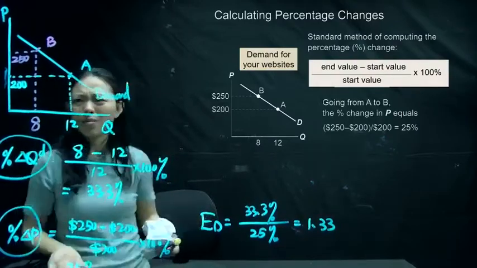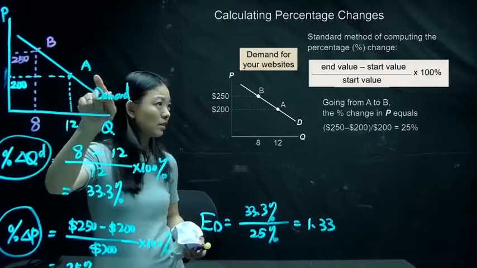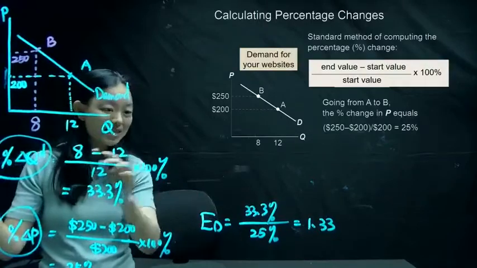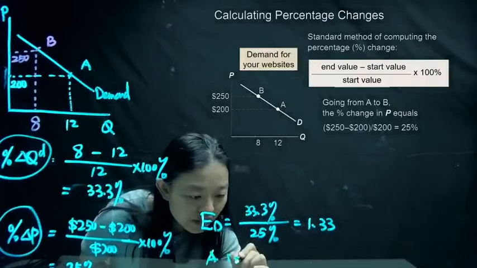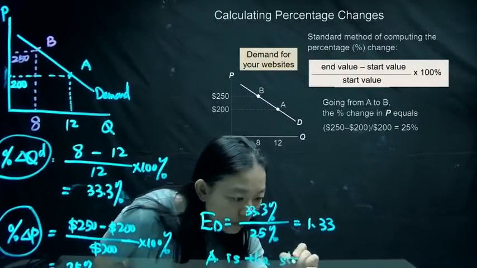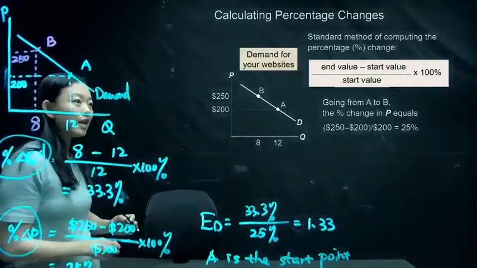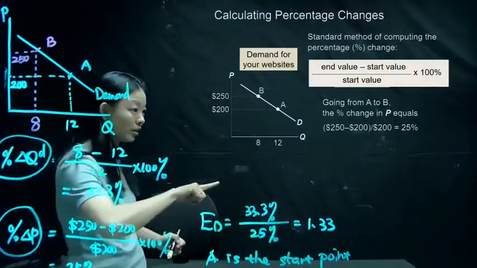But there are some students who might choose B as the start point and then A as the end point. The price elasticity that you compute here is based on A as the start point, and you can compute a price elasticity equal to 1.33.